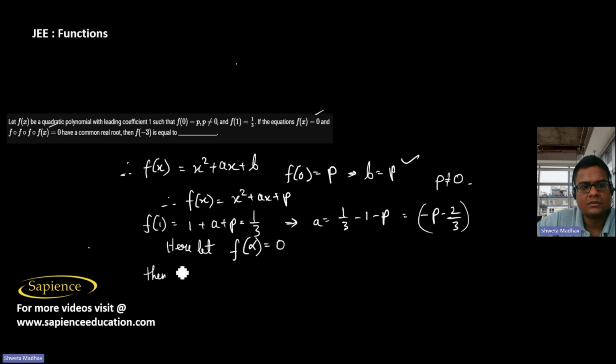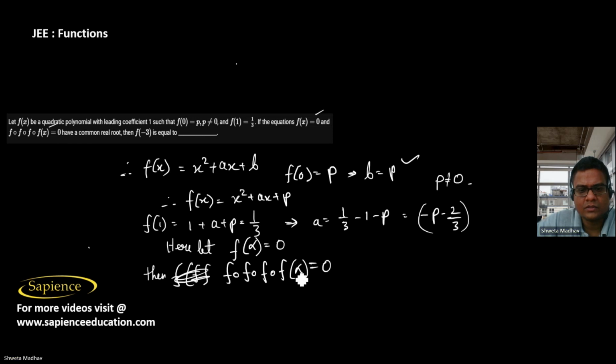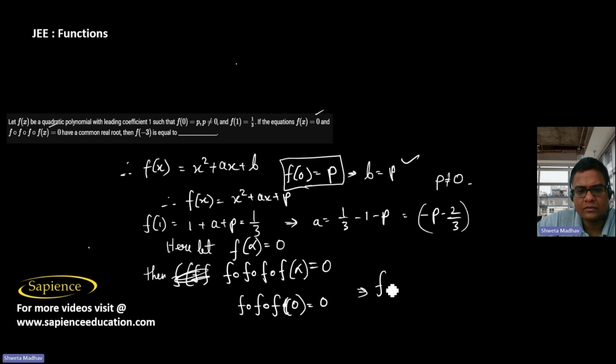So then here also f of f of alpha will be equal to 0. So f of alpha is 0 only, so therefore I can write f of 0 is equal to 0. Now f of 0 is equal to p, so f of p is equal to 0 again.